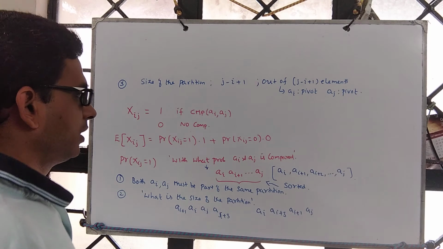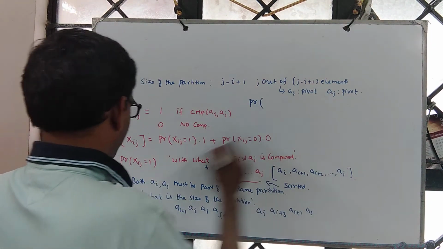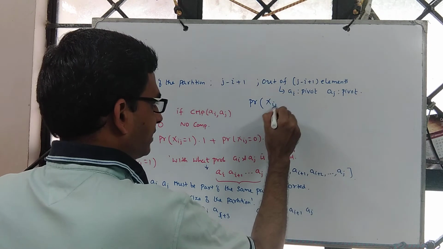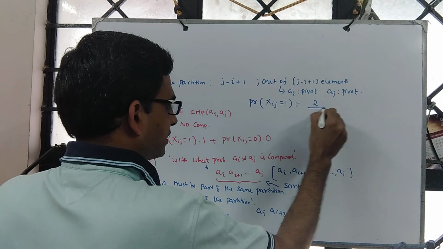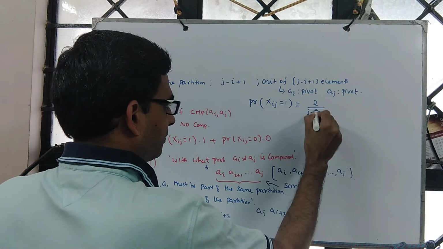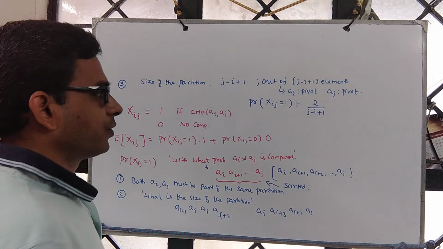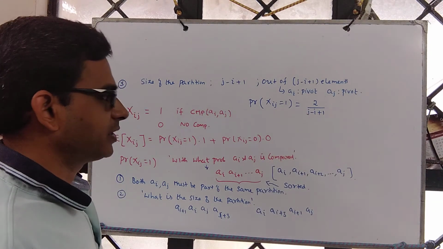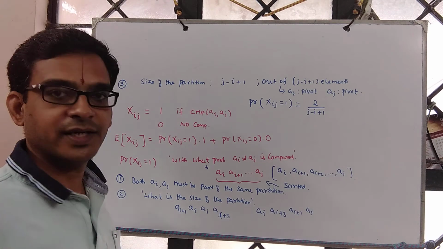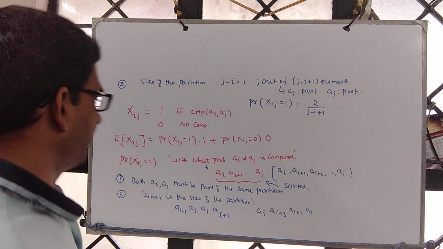Correct? Which means, what is the probability that Xij is set to 1? Out of j minus i plus 1 elements, there are two elements satisfying the property, which means it is 2 divided by j minus i plus 1. This is our probability.